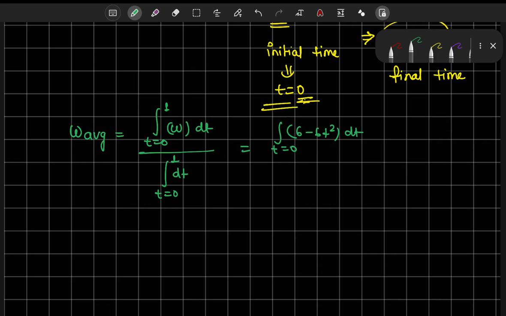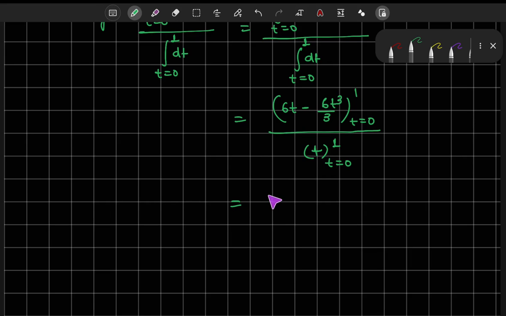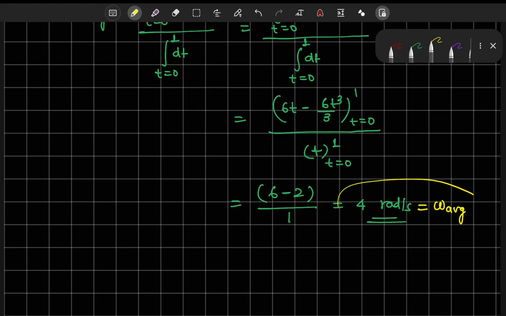If we integrate the above expression, we get 6t minus 6t cube by 3 from 0 to 1, whole divided by the integration of 1, which is t, from 0 to 1. So we will get 6 minus 2, whole divided by 1, that is equal to 4 radian per second. So this is the value of average angular velocity we have got.